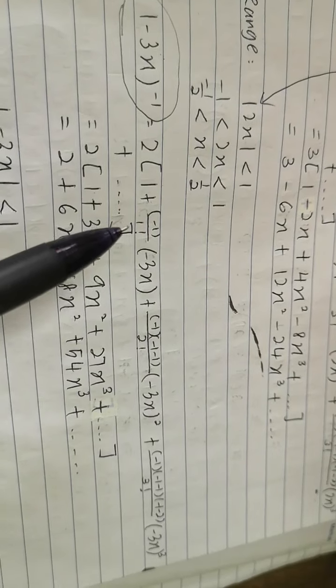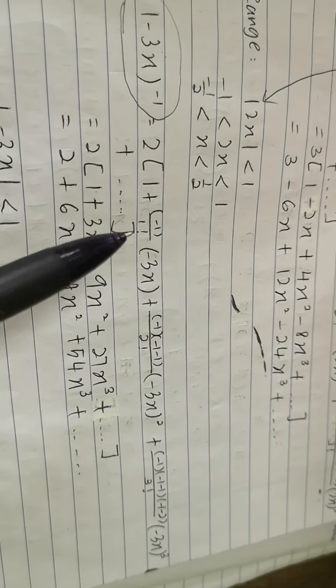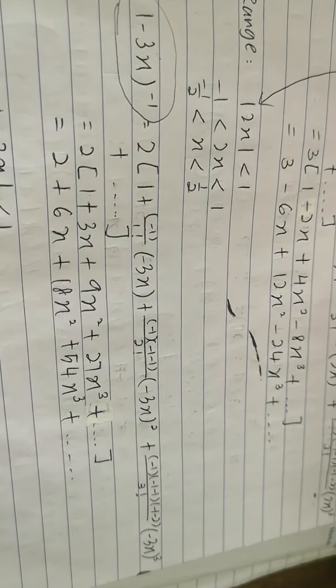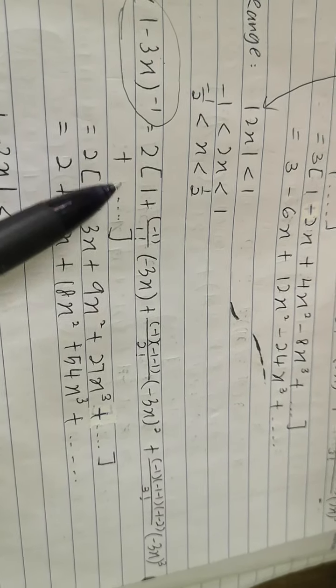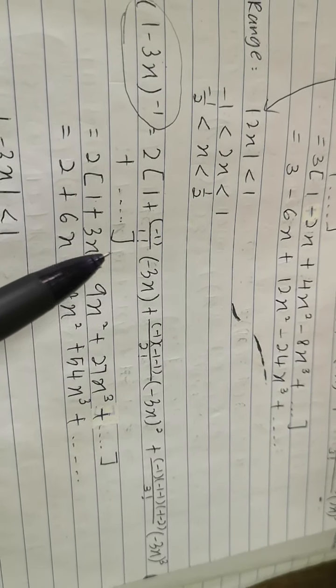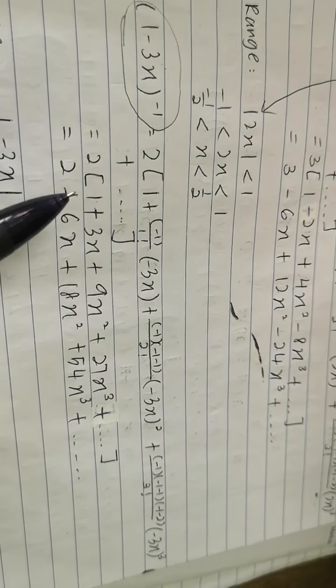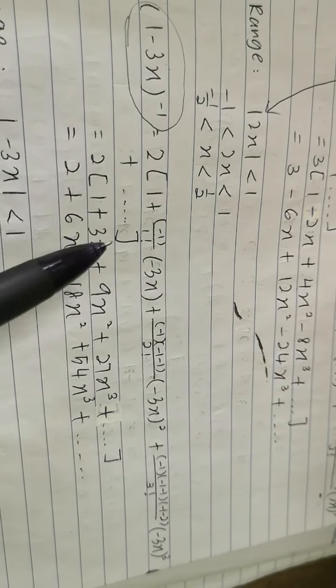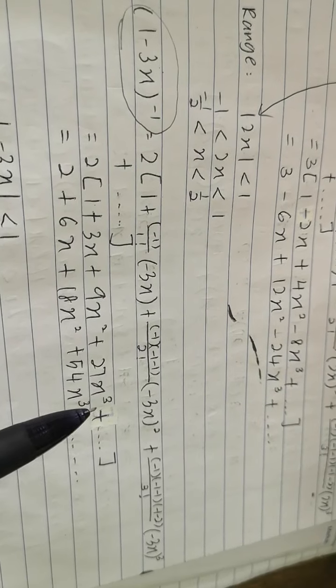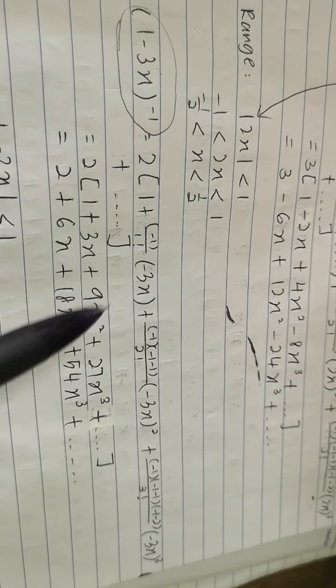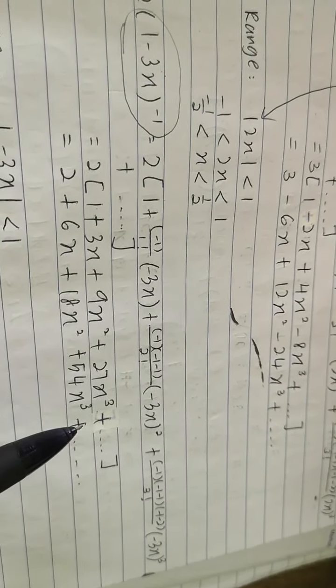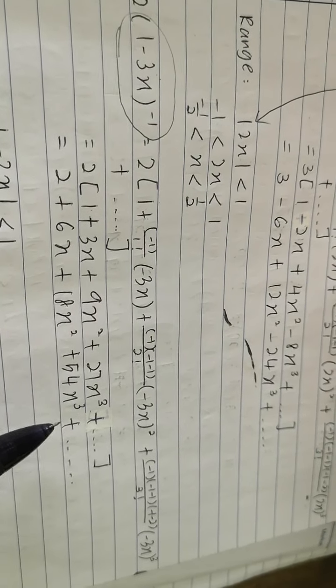Okay, so sebab soalan tu dia kata expand including the term in x power 3. So sampai x cube cukup. So make sure ada plus dot dot dot, tutup bracket. So the next step, you just press the calculator carefully, and then the last step, make sure you expand inside every term. Okay, times 2, times 2, times 2, times 2, and then also same the final answer, make sure plus dot dot dot.